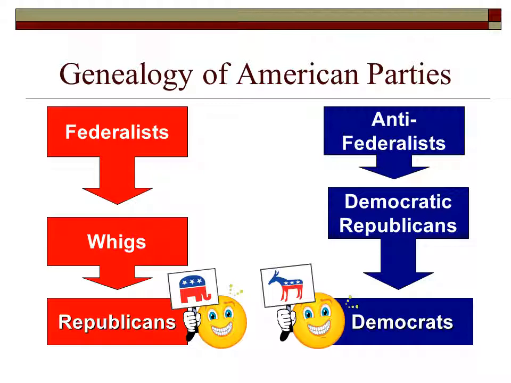On the other side, we had the Anti-Federalist Party, which became the Democratic Republican Party. Again, changing a little bit of its ideas, but still keeping true to, if you think about the idea of what the Anti-Federalists were about versus what the Federalists were about, really keeping that core. And then, after the Democratic Republican Party, changing a little bit in response to the Whig Party and becoming what we know today as the Democratic Party.